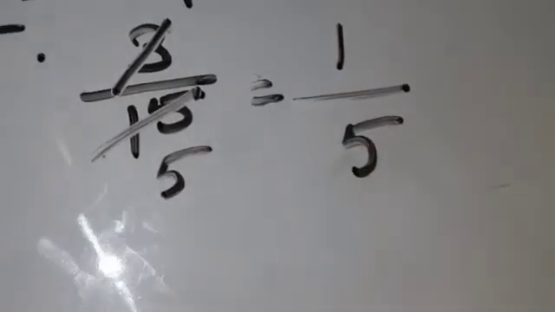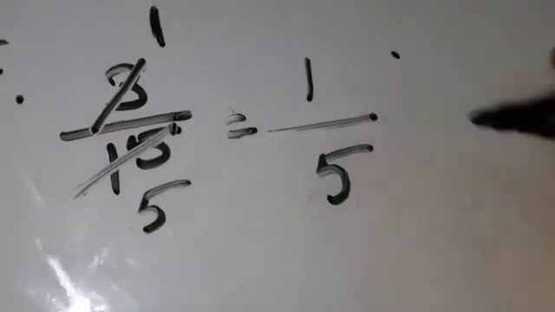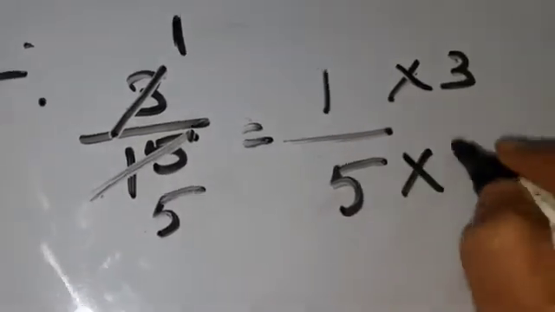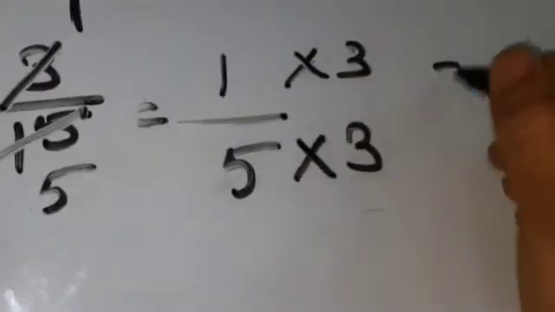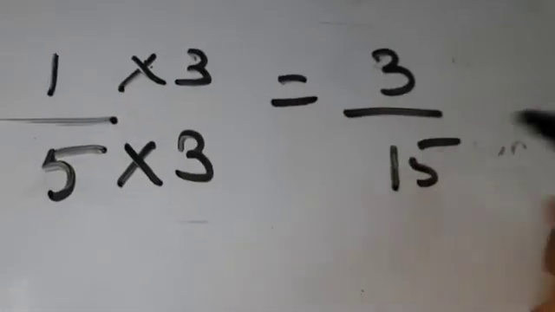So this number 3 by 15 is being reduced to the fraction of the lowest form as 1 by 5. So if we multiply 3 on both numerator and denominator, we will get the answer as 3 by 15.